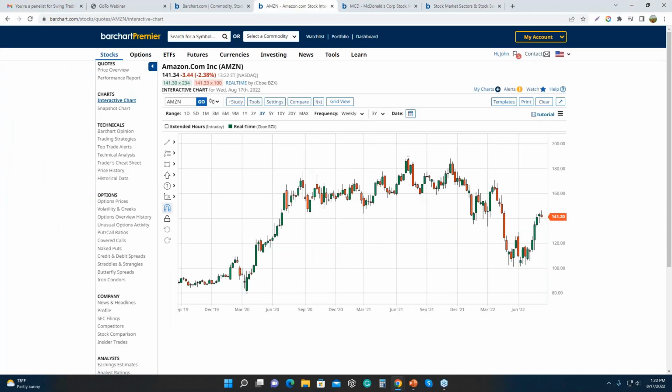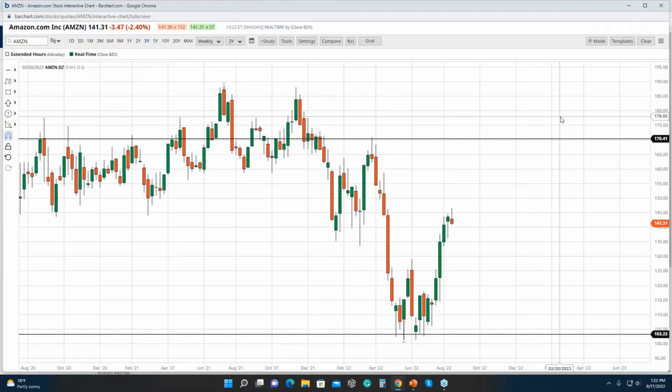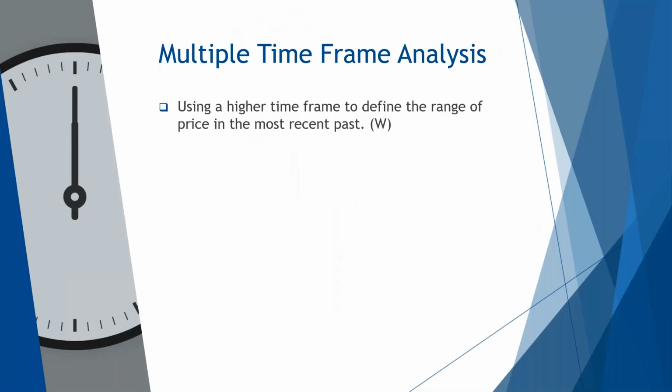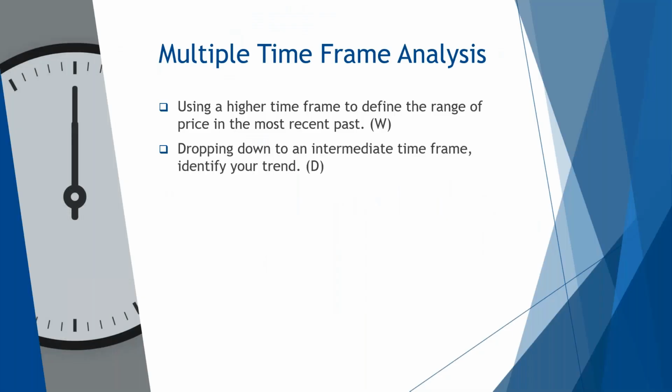So the next thing we're going to do is drop down to an intermediate time frame to discover our trend. Again, I started out on the weekly. I could go down to the daily. Now let me go back to the chart in a second.